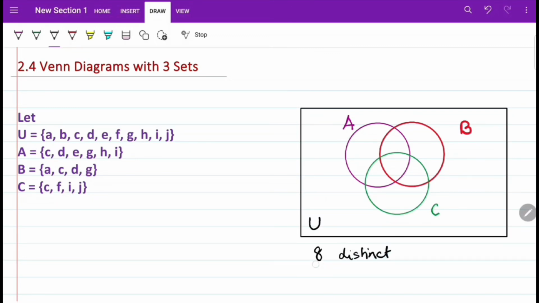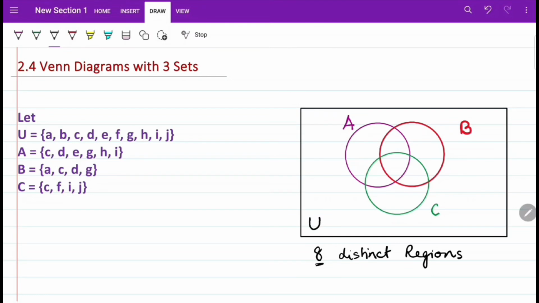Well, actually not really 8, it forms 7 distinct regions within the circles, and the other 8th region is outside of these circles. But for the time being I'll write 8 distinct regions, which includes the region outside the circle, so to speak.